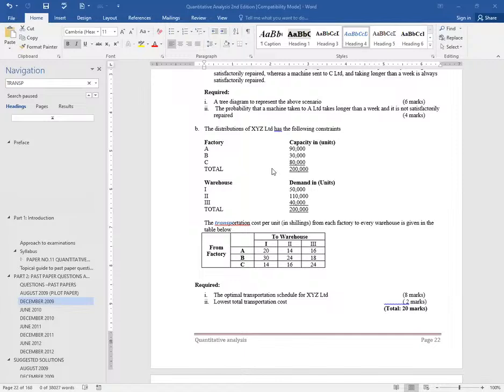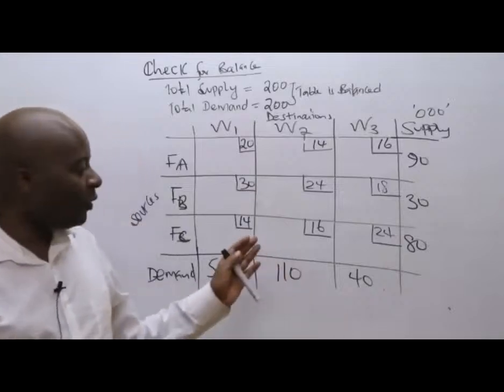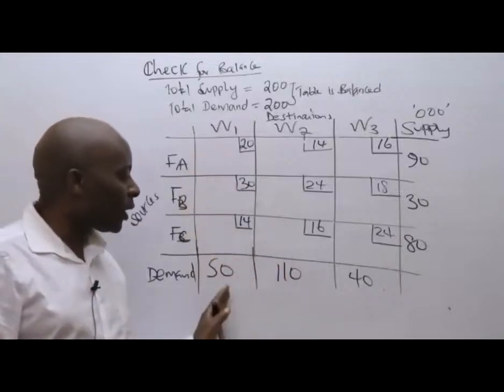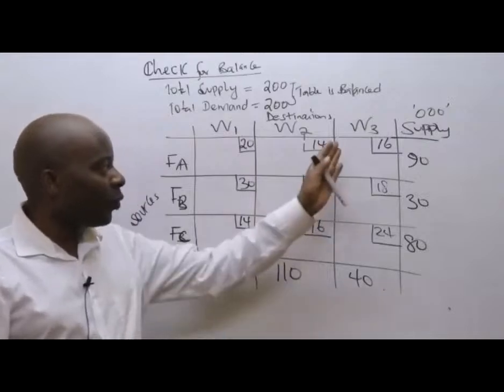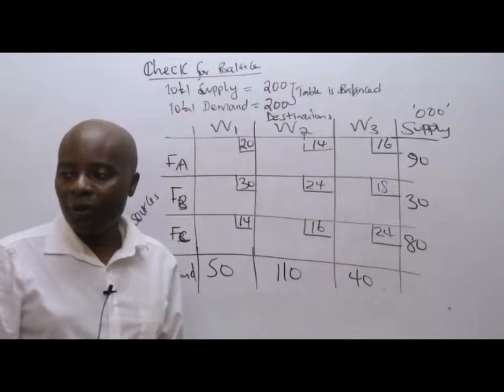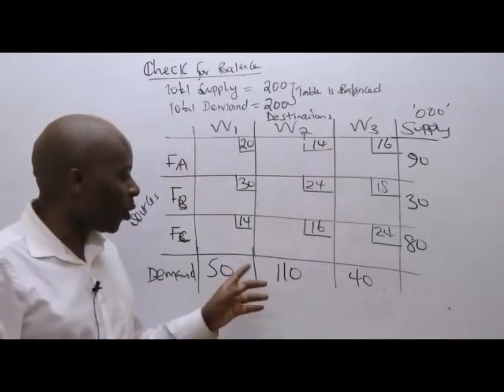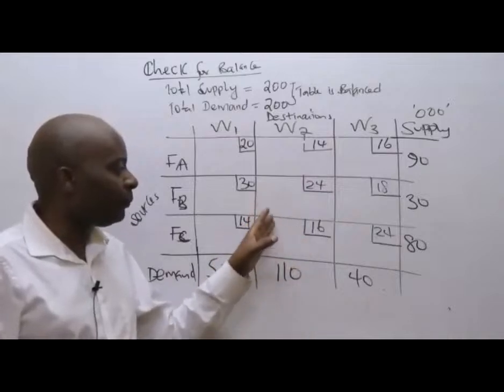Now, ladies and gentlemen, we happen to be having our table there, with our demand as given in the question. Warehouse 1 wants 50, warehouse 2 110, warehouse 3 40. With this kind of information, I can very easily slot in the quantities inside here.